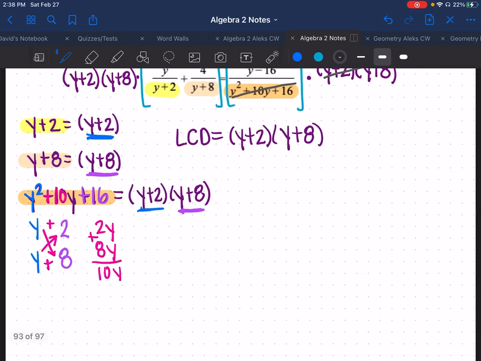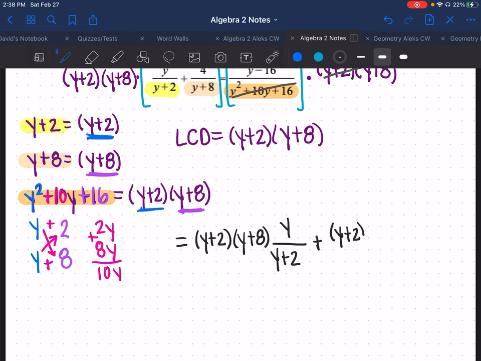So what's going to happen is I'm going to multiply my LCD times my first fraction, plus my LCD times my second fraction.